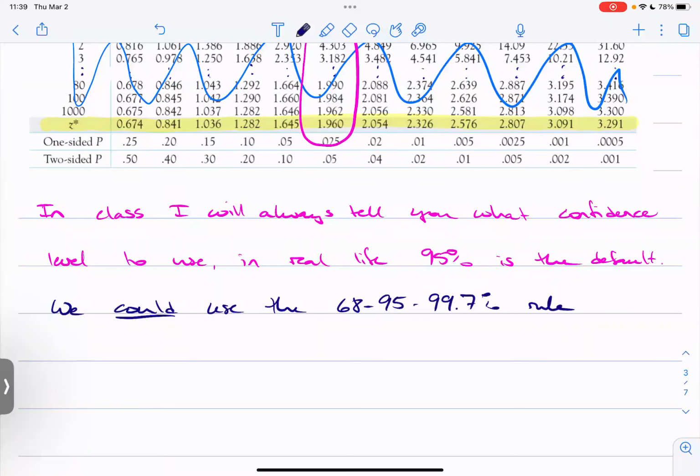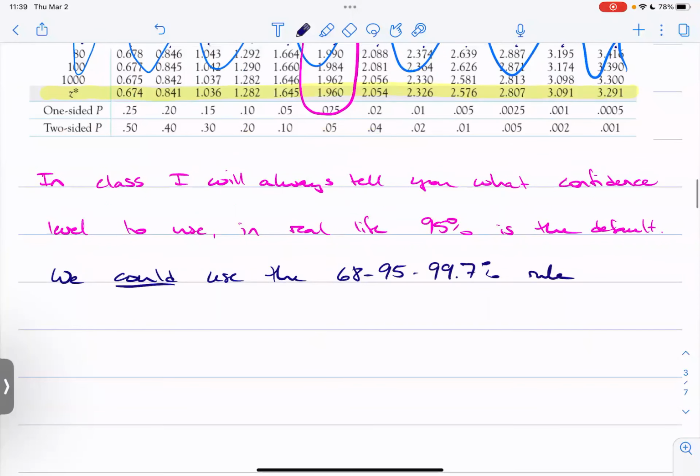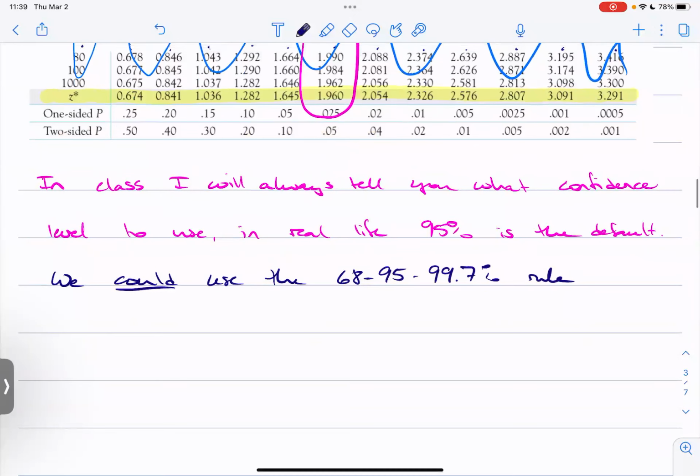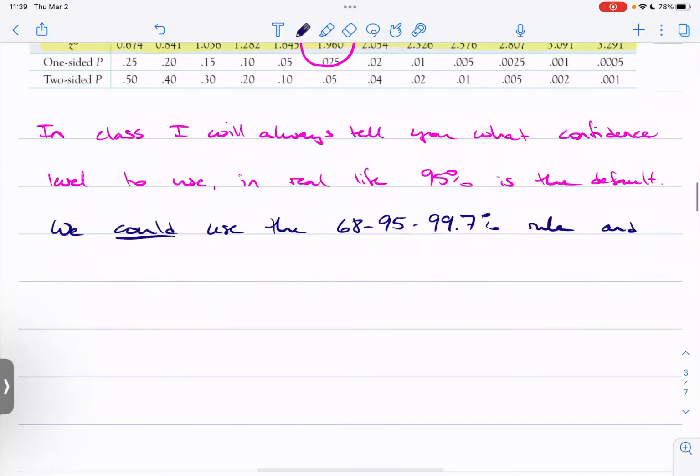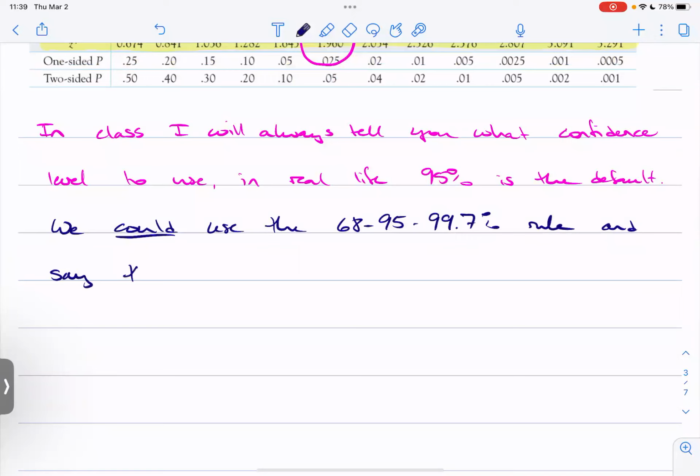And say that to capture the central 95% of the curve, I would need to move out 2 standard errors.